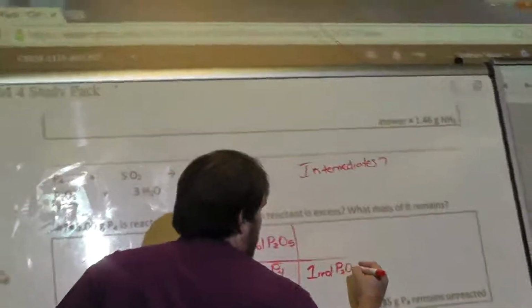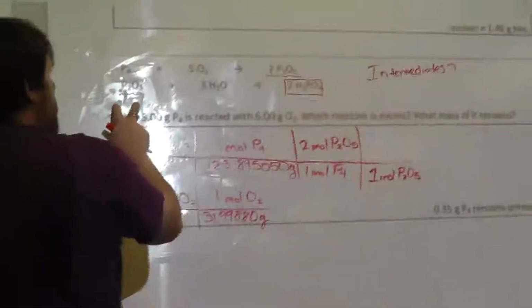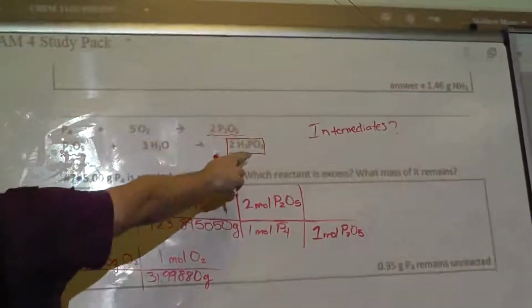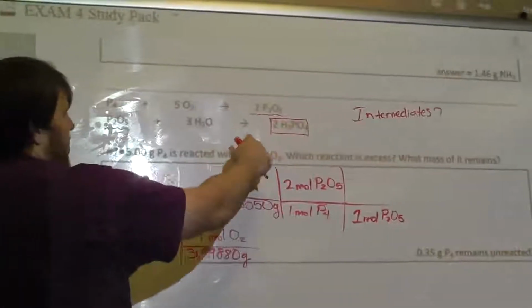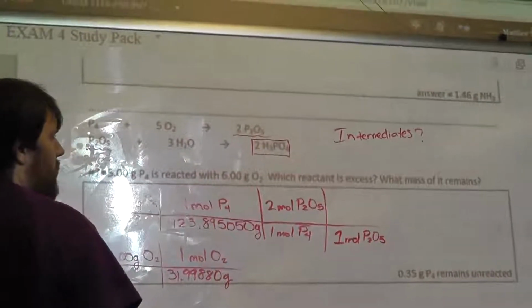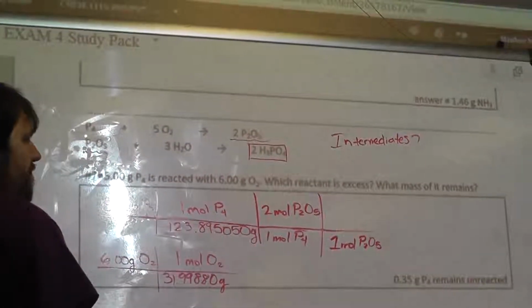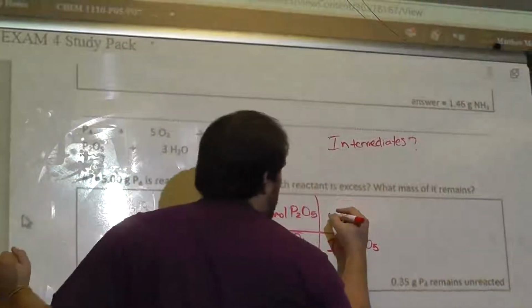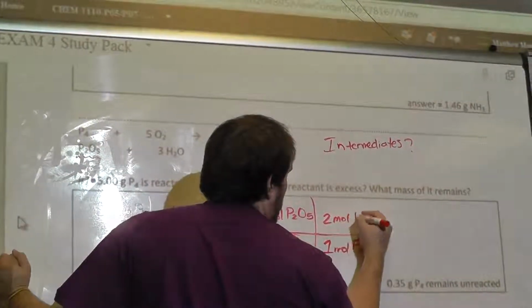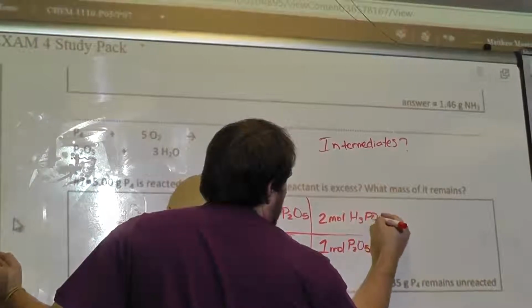of P2O5. And then we want to jump from here, since this second equation has the point where we want to stop. We're not jumping to another intermediate, we're jumping to where we want to stop. So what's the coefficient for where we want to stop? 2. So 2 moles of your H3PO4, or your phosphoric acid.